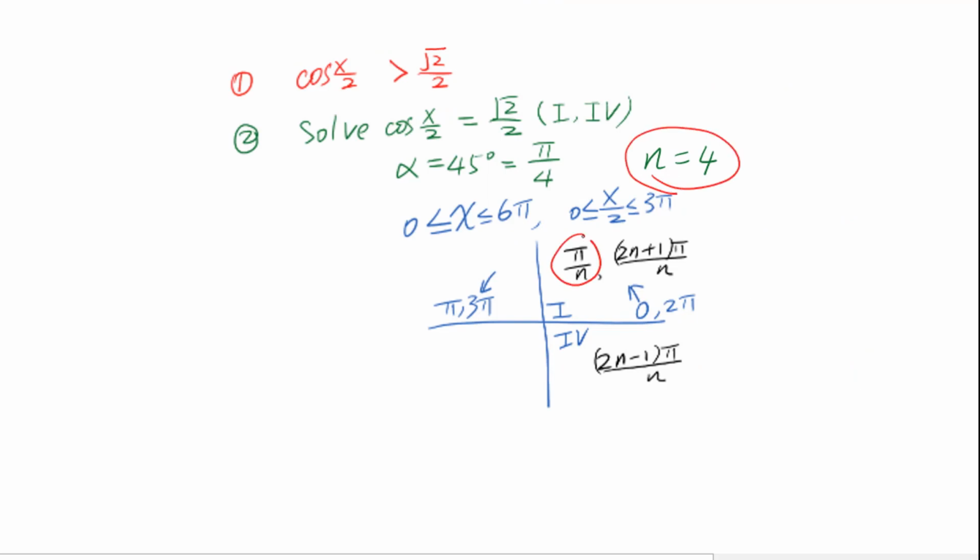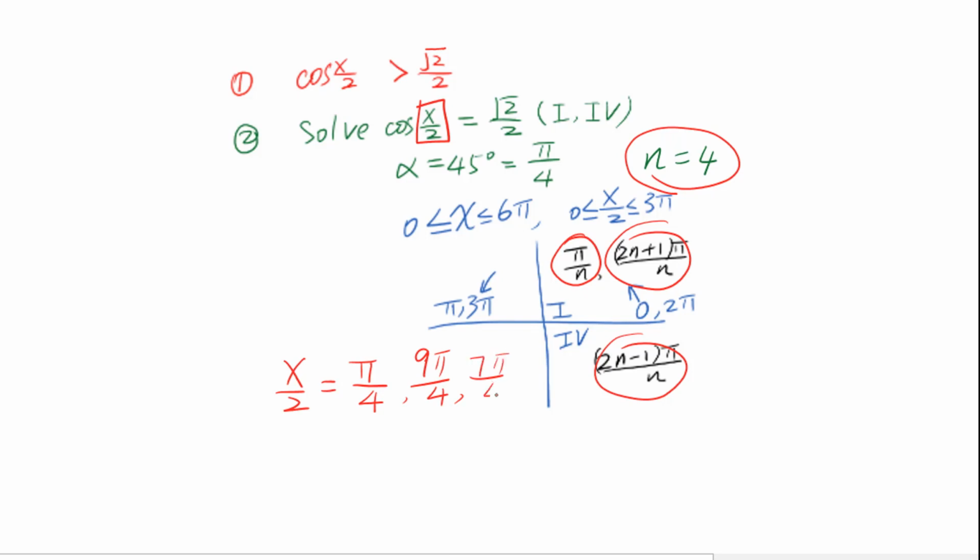Then we plug n equals 4 into these three patterns, and we know here it is x over 2. Therefore, we have x over 2 equals pi over 4, 9 pi over 4, and 7 pi over 4. Then we multiply by 2 on both sides. You will get x equals pi over 2, 9 pi over 2, and 7 pi over 2.